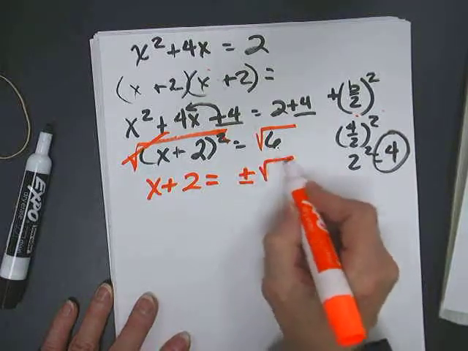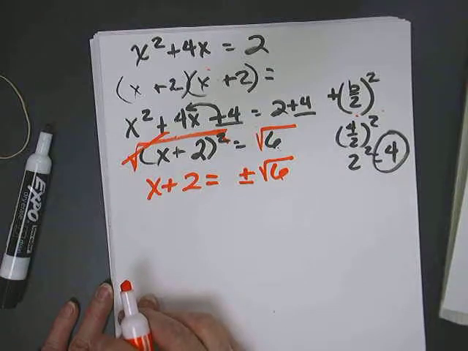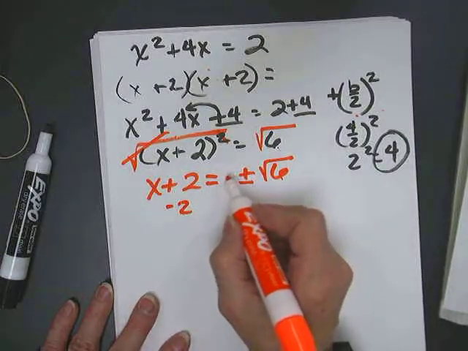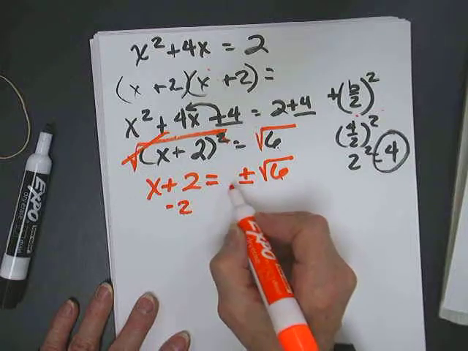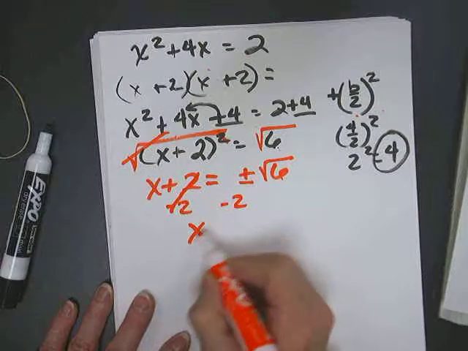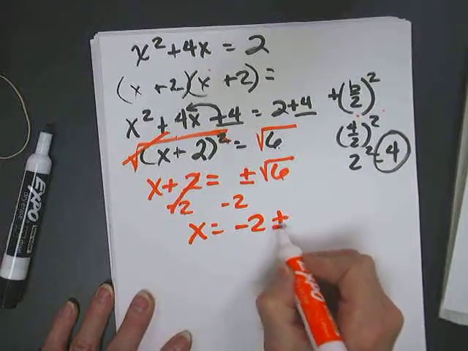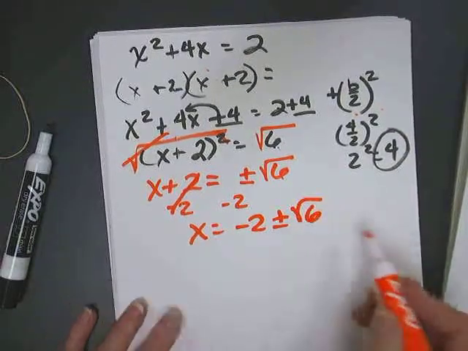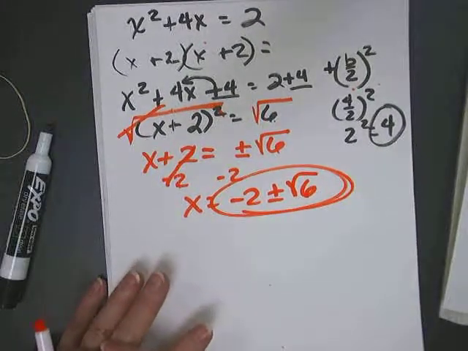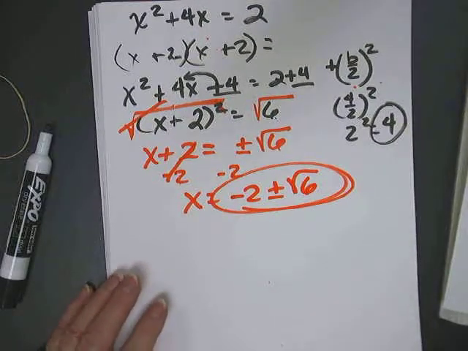How do you undo a square? Square root. So we have x plus 2. Remember what we put in front of this? Plus or minus. Subtract 2. If you left room there, you could have just stuck it in front of this.